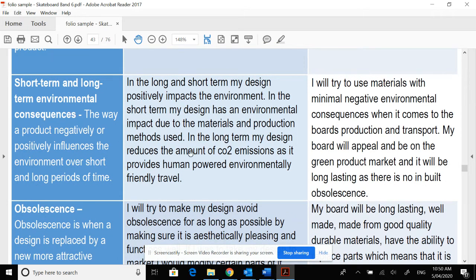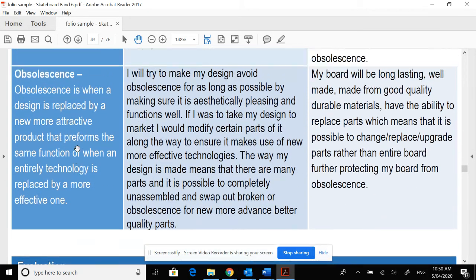As any designer, we need to be thinking about this sort of stuff. How are we going to make our product without damaging the environment, with having the least impact on that sort of thing? And do we want it to be obsolete? We probably don't. We need to be designing things that are long lasting. That if you're trying to build a brand for a start, you don't want it to break in 3 days.